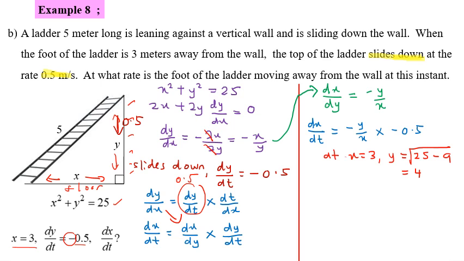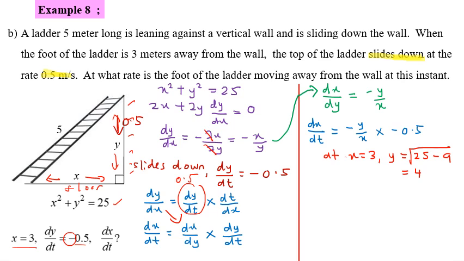And also, you have to substitute the values of x and y. The value of x given is 3. So when x equals 3, you have to find the value of y.